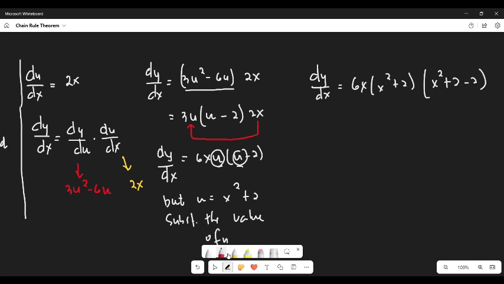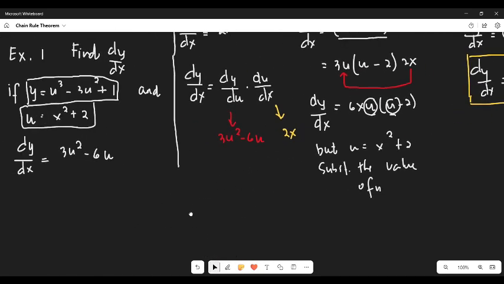We subtract 2 minus 2 because that is already 0, and we multiply what is left, x squared, by 6x, which is equal to 6x cubed, multiplied by x squared plus 2. So this will be our final answer for this example.